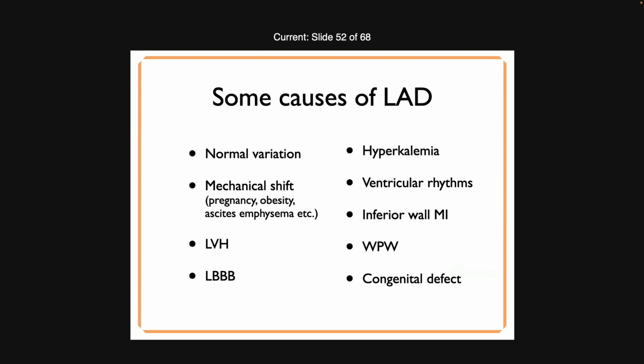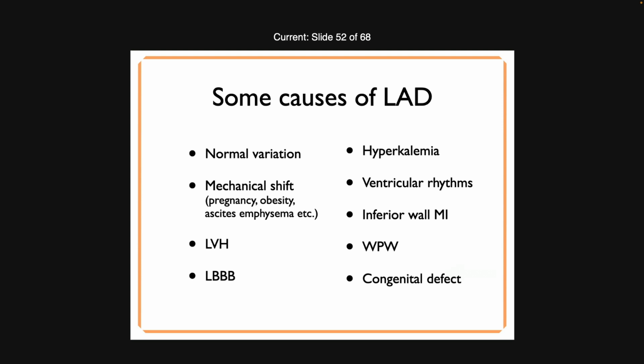Hyperkalemia causes everything, so it truly does. It's going to be on all the other lists, so it might as well cause left axis deviation. Ventricular rhythms, do you remember when we saw the one where I said, oh, this is a ventricular rhythm? Sometimes ventricular rhythms will have a left axis deviation. Because remember, where is the ectopic focus in a ventricular rhythm?